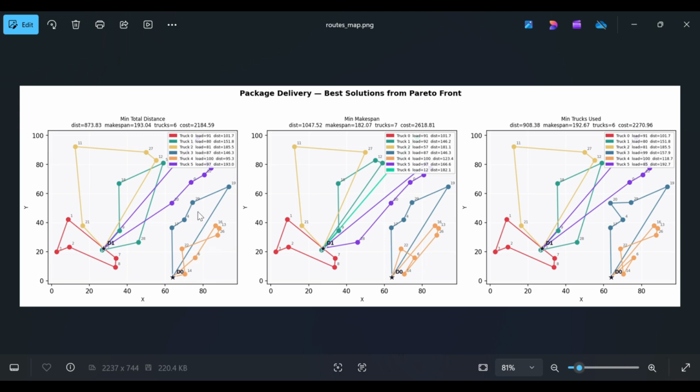The left map is the solution with the shortest total distance. The middle one has the shortest makespan, meaning all the deliveries finish the fastest, and the right one uses the fewest trucks. They all look different, even though they are delivering to the same 30 customers, because each one is optimizing for something different.